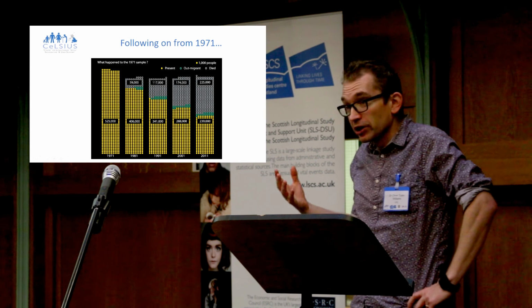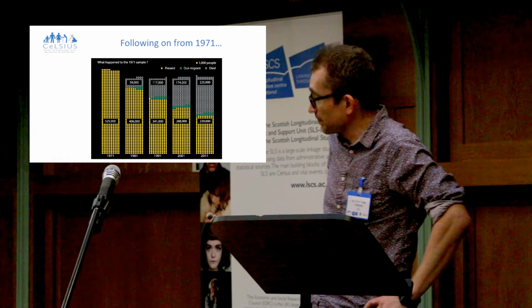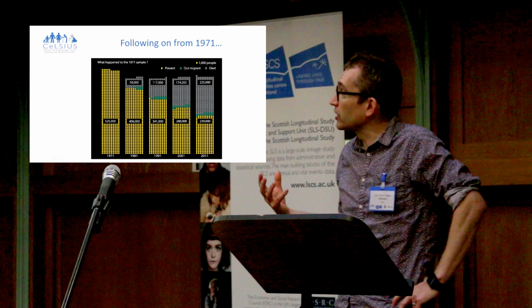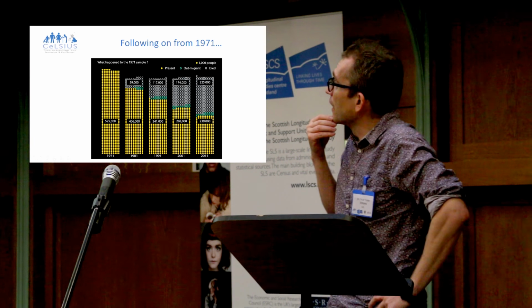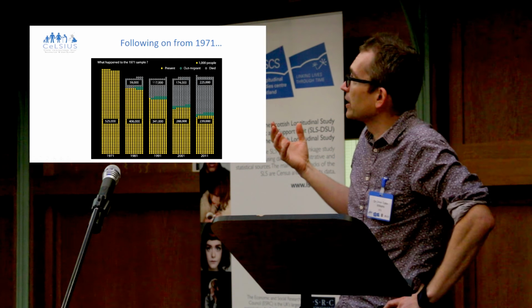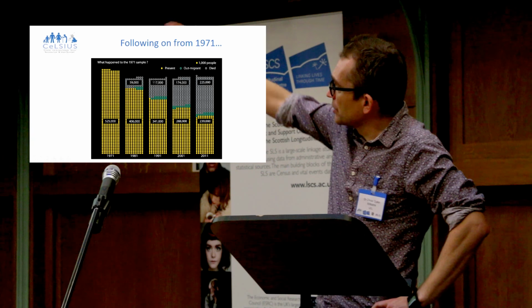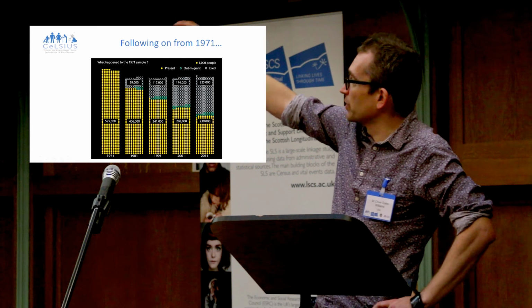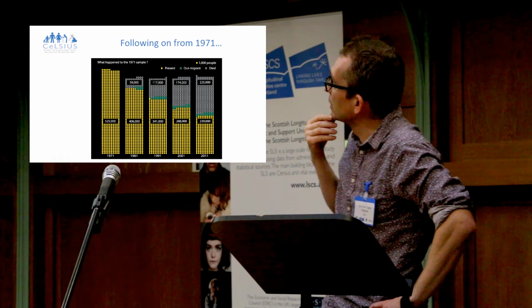This image was produced by ONS for one of their presentations. And what this is showing is taking the 1971 sample, so 1% of the population of England and Wales in 1971, and looking at what happened to them. So the yellow dots in this are people who are still alive and captured in successive censuses.